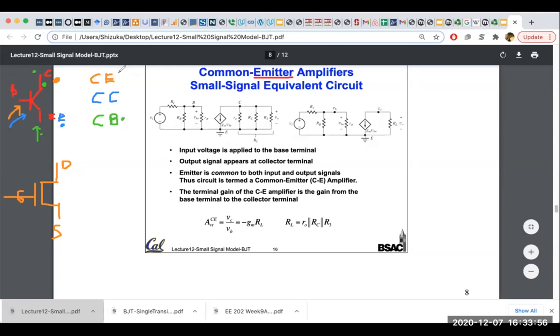Similarly, again, first one, common emitter. You apply the signal at the base, you get the signal at the collector. What is left? Emitter. So, common collector. You apply the signal at the base, you get the signal at the emitter. What is left? Collector.